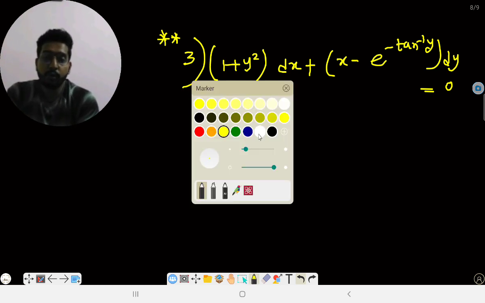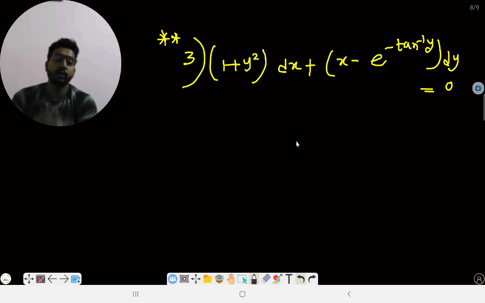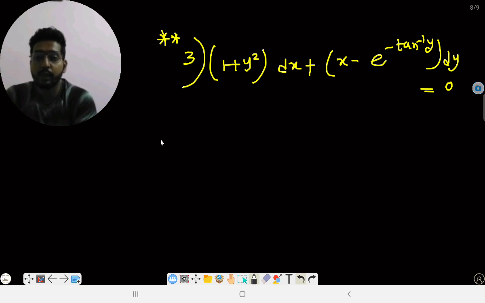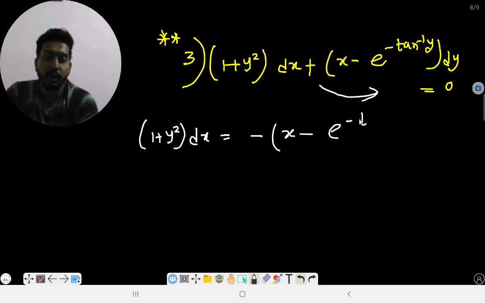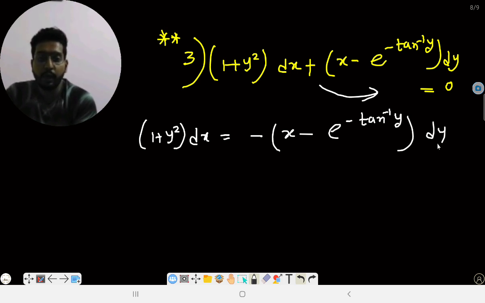Now what to do? First, from this we have to find dy/dx. Somehow we have to find dy/dx. How to find it? (1 plus y square) dx equals minus (x minus e to the power minus tan inverse y) dy.